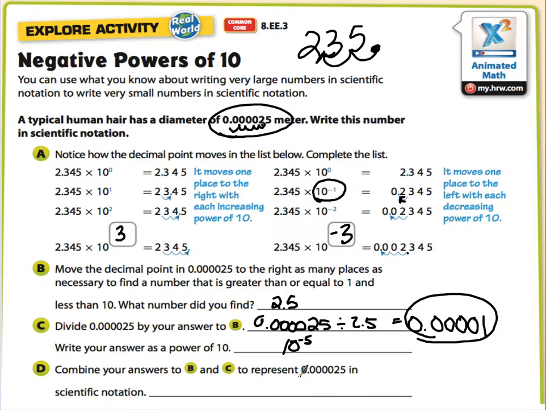So if we want to represent our number in scientific notation, it would be 2 and 5 tenths times 10 to the negative 5th power. So it's the same idea as when we're working with positive powers, but in this case, because we're getting a smaller number, that exponent becomes negative.